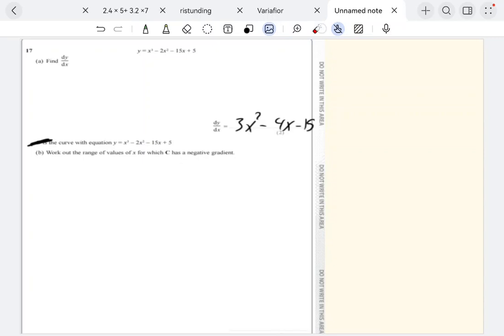First part is done by Mus'ab and is correct. How to get the dy over dx.